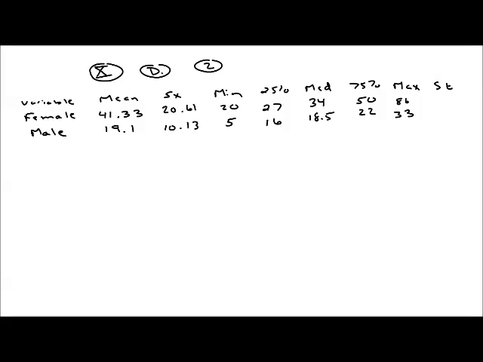And we have SE, which stands for standard error. Don't need to know that right now. We don't get to standard error until later on, second semester. We're in first semester, depending where we're at. And then, okay, we still have variable. We have female. We have male. But now we have lower values and upper values.